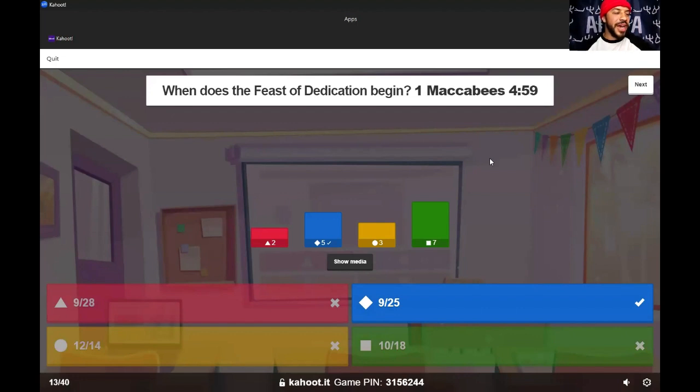Verse 59. Let me see if Keenan got this right. Did you write it? Didn't write that one, I see. Okay, let me see. 59. Moreover, Yehuda and his brethren with the whole assembly of Yasharallah ordained that the days of dedication of the altar should be kept in their season from year to year by the space of 8 days from the 25th day of the 9th month.